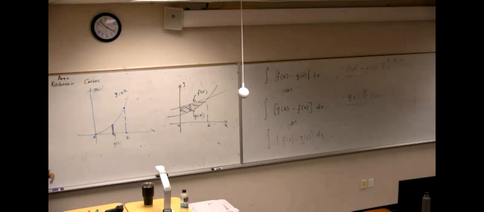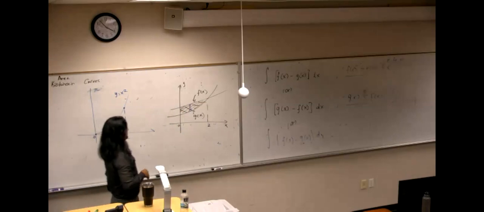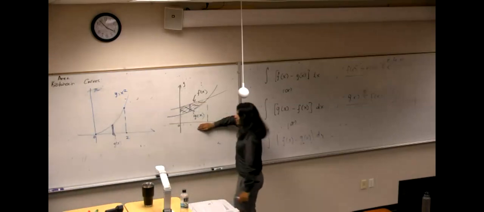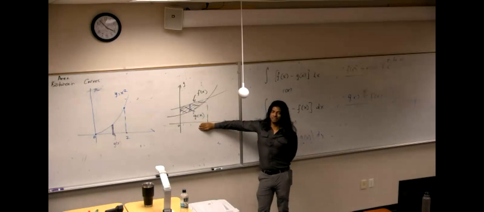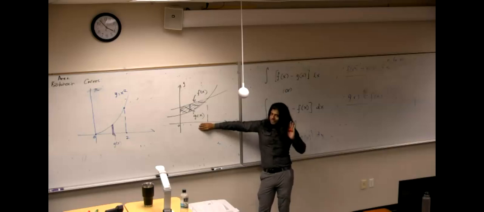In some problems, in some scenarios, they may not specify this point. If it is not specified, how do you find it? Look at the picture. Find where the two functions meet. When we find where two functions meet, that's got a name. Fancy expression, Sarah. Intercept. Intercept, so close.